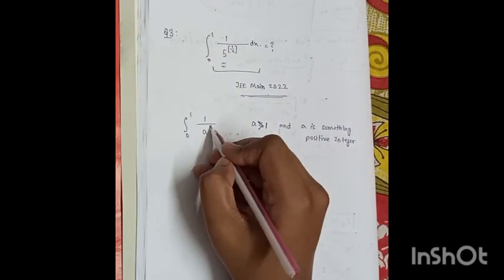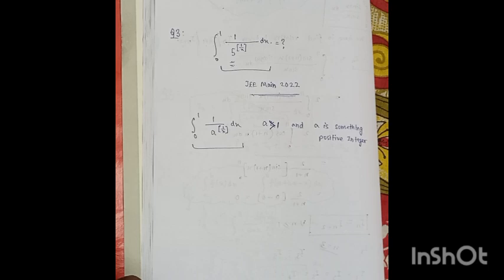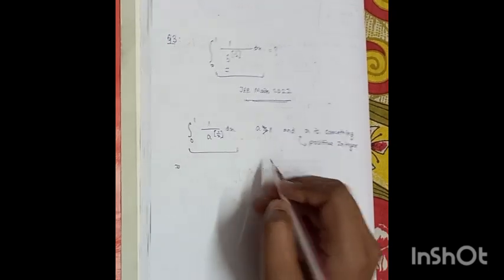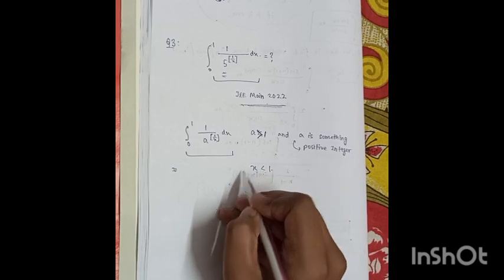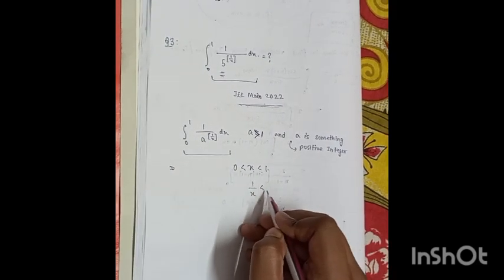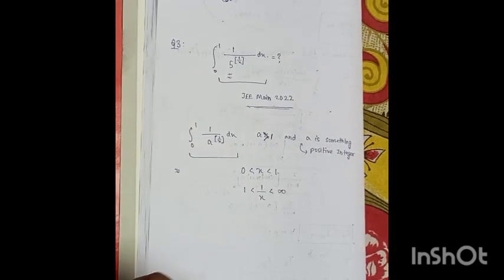Okay, so let us evaluate this integration. Now we know in this integration x varies from 0 to 1. So 1 by x will vary from 1 to infinity.